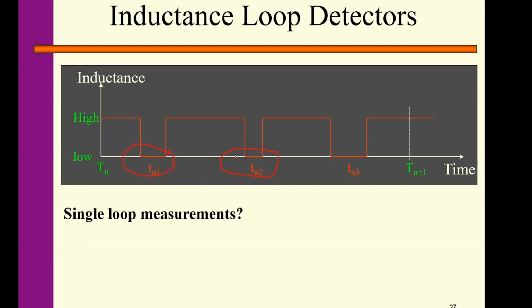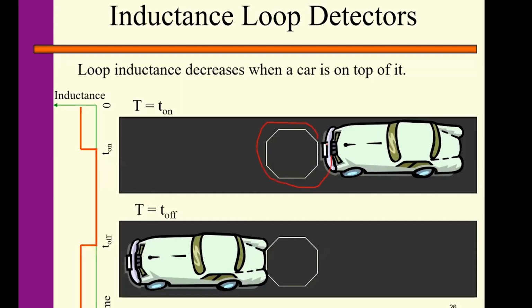Because the on time is much shorter for the second vehicle compared to the first vehicle. So the first vehicle is relatively longer than the second vehicle, based on the on-time difference. And this is only one loop sensor, right?